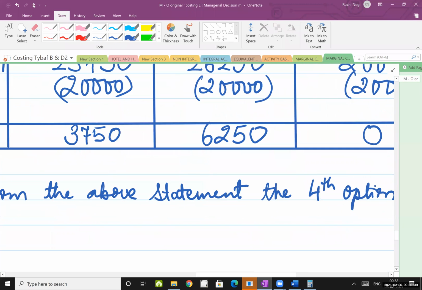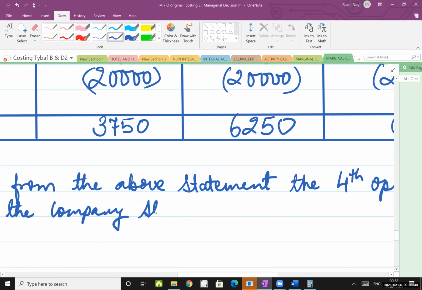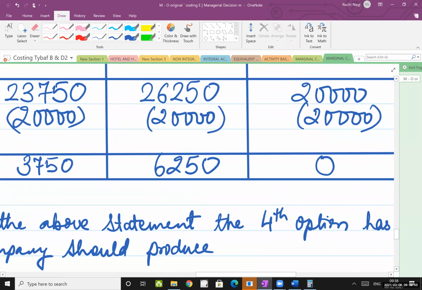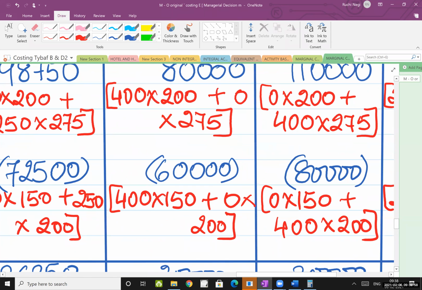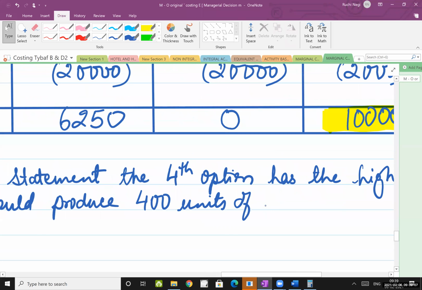Therefore, the company should produce. What is the fourth option? 0 and 400. Should produce 400 units of product Y only.